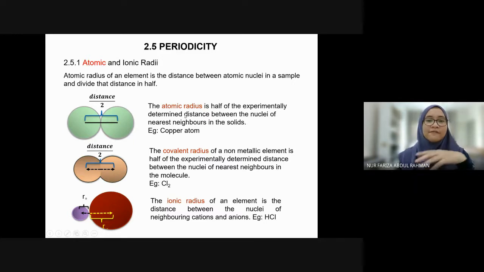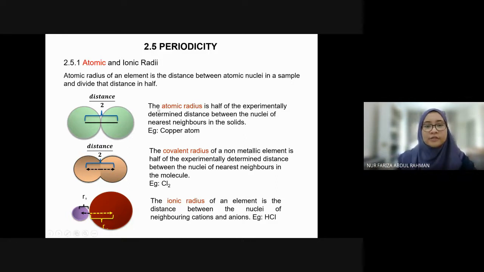So we have the atomic form of a species, and we also have the covalent radius. The covalent radius is more on the molecular form, and then we also have the ionic radius. The ionic radius is more between the cation and the anion.